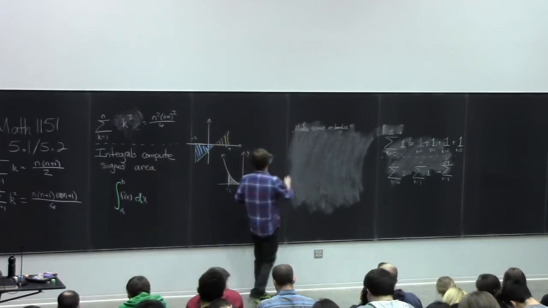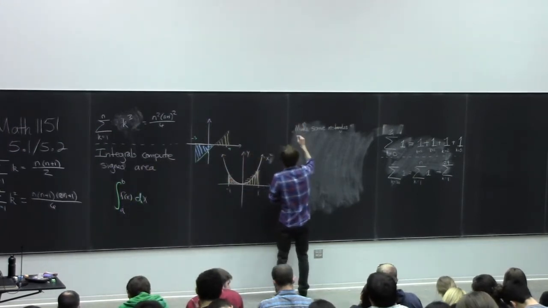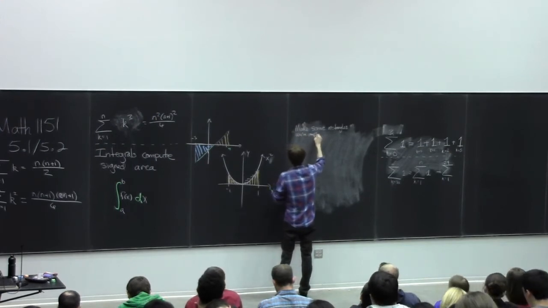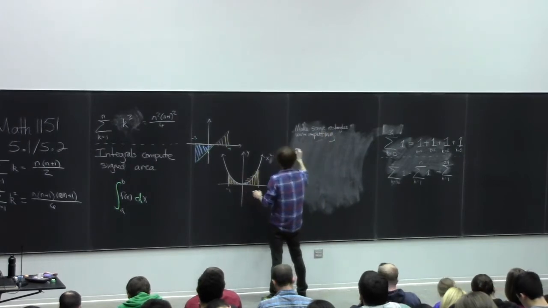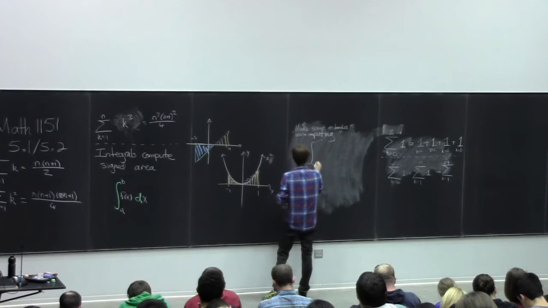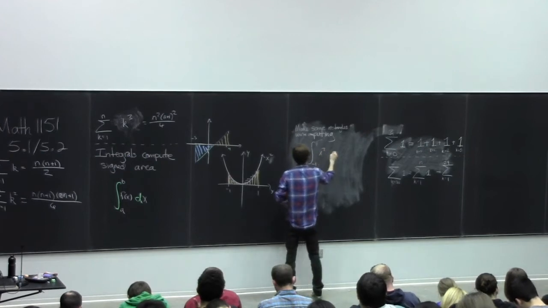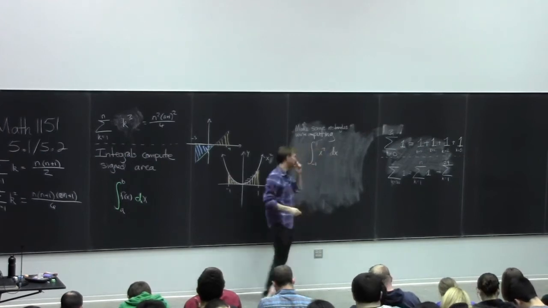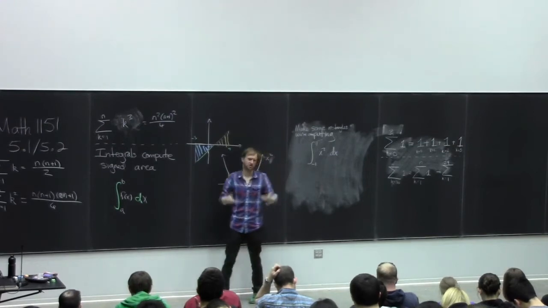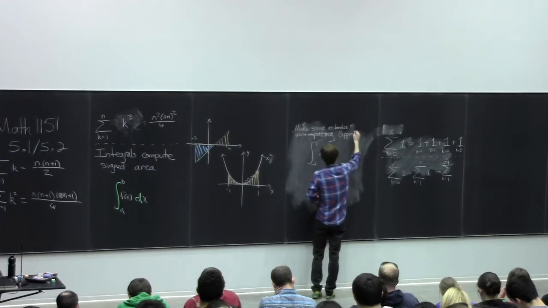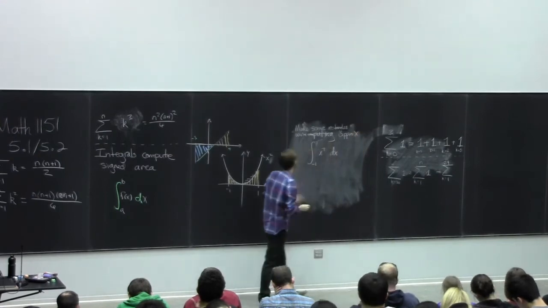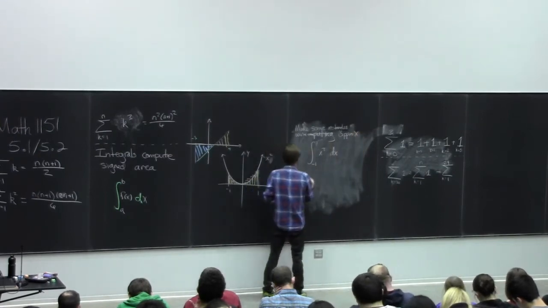In this case, we're computing the integral from -1 to 1 of x squared dx. That's what we're approximating. We're not actually computing it, we're approximating, and we're going to do it with 8 rectangles.